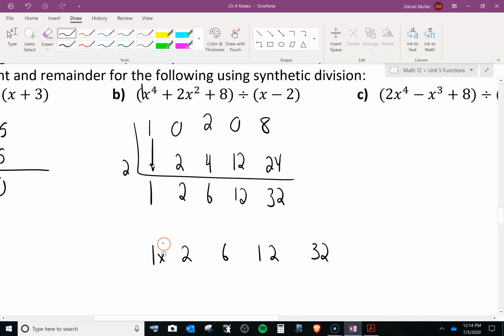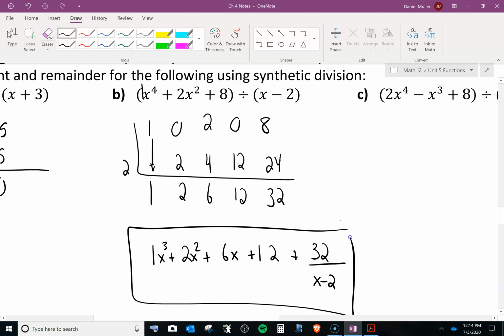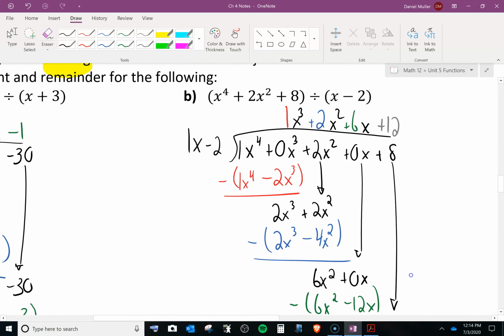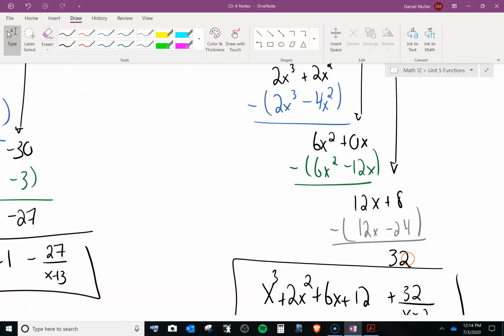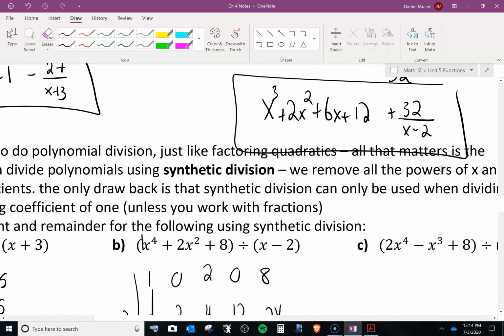So we're going to start with an x cubed plus, then an x squared, plus then an x, plus then no x's, plus the last one, which was the remainder. And that's it. So this is a way faster way to get 1, 2, 6, 12, and 32 than doing long division, where we got 1, 2, 6, 12, and 32 as our remainder.